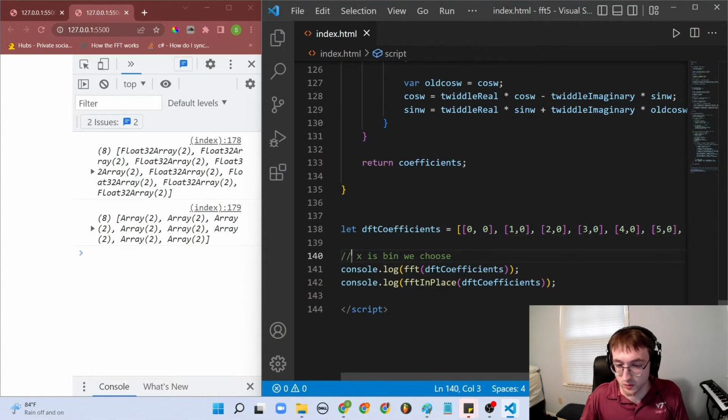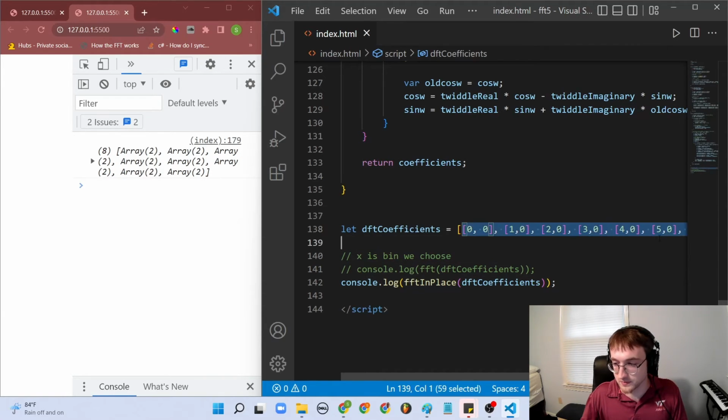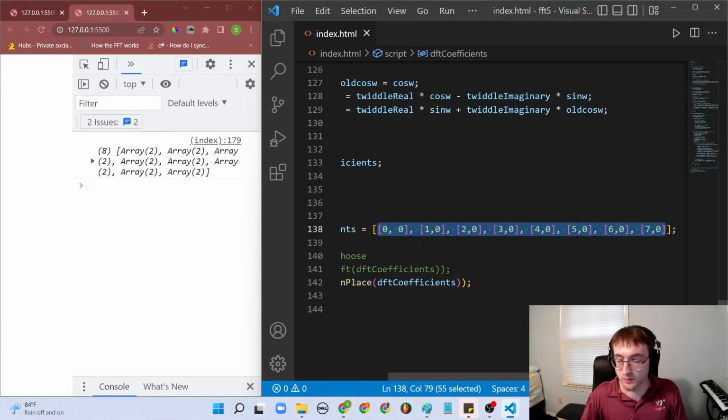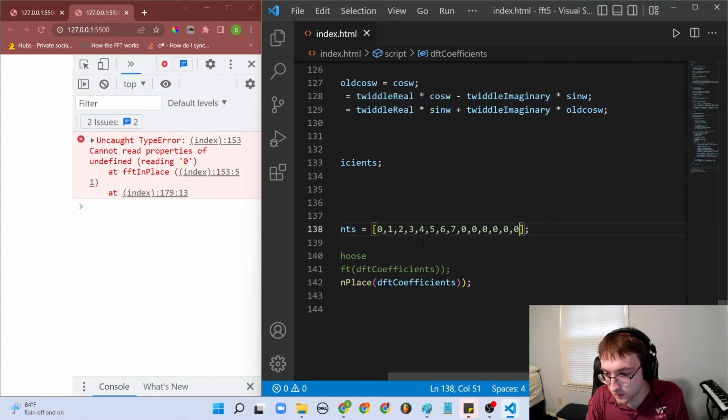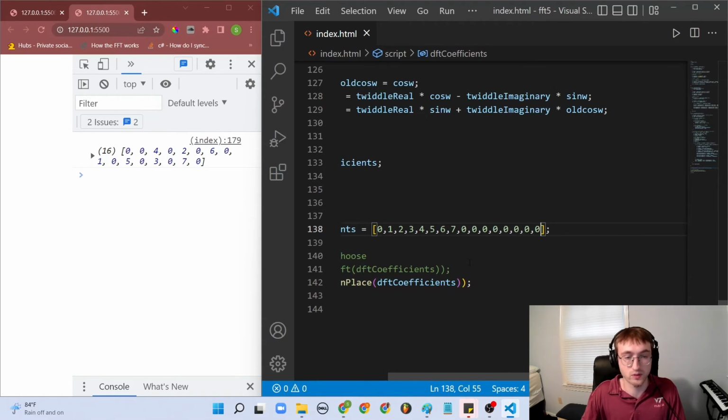So what I'm going to do is comment out this FFT because it's no longer going to work. And instead of doing what I've done with these mini arrays, I'm going to have all the real components first. So 0, 0, 0, 0, 0, 0, 0, 0. And making sure it's a power of 2 again.